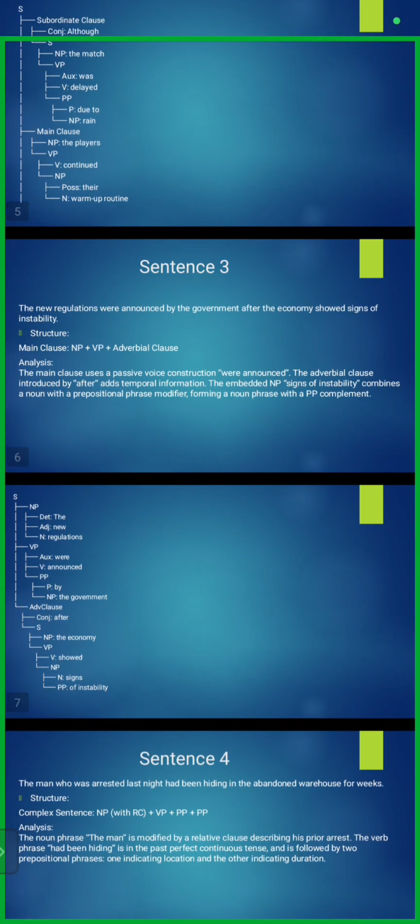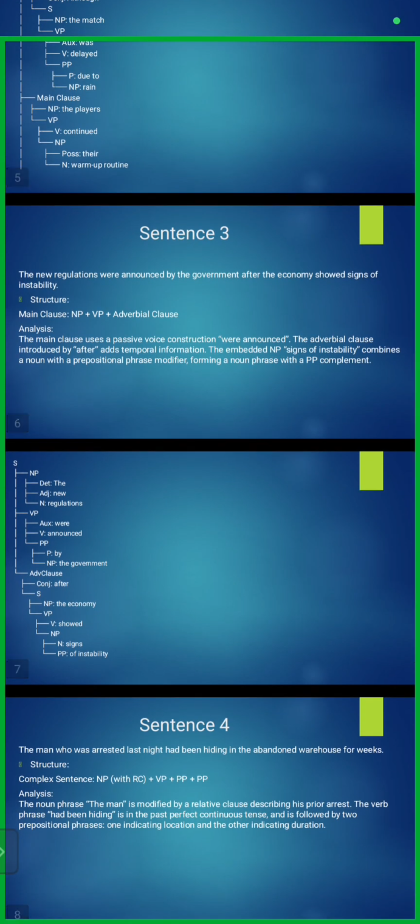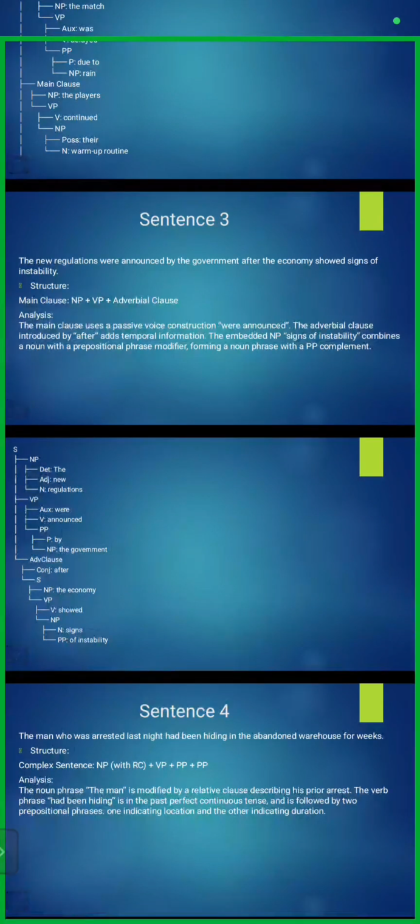Next, we move to sentence 3. The new regulations were announced by the government after the economy showed signs of instability. The structure is the main clause, NP plus VP plus adverbial clause. The analysis: the main clause uses a passive voice construction, verb announced.